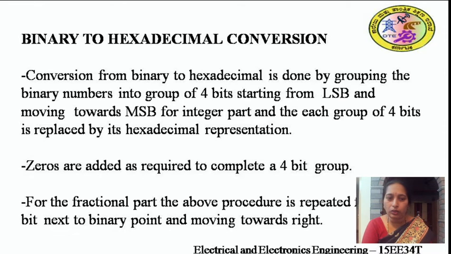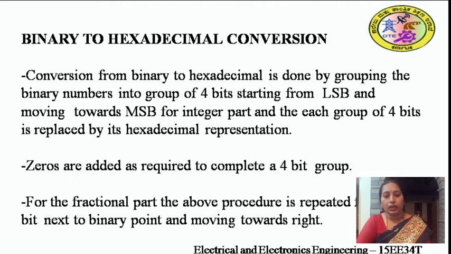First we group the binary numbers in groups of 4 bits, starting from the LSB, the least significant bit, and move towards the most significant bit for the integer part. Then each group of 4 bits is replaced by its hexadecimal representation.